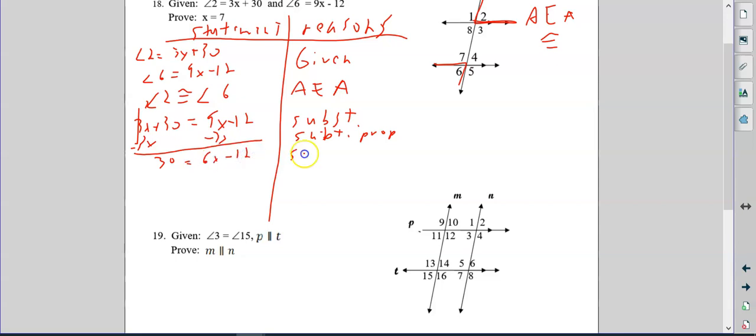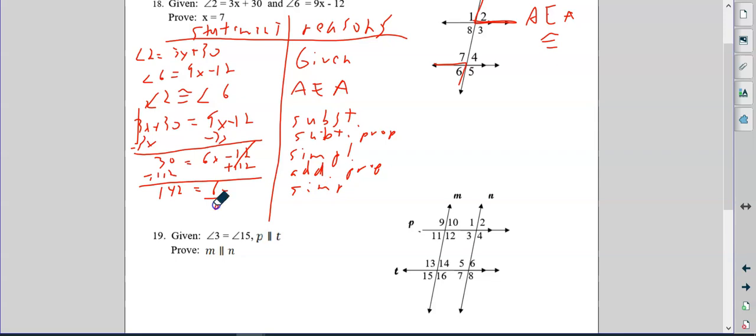And remember, we just call this simplify. Now I'm going to add 12 to both sides. We're just solving algebra here. And that's going to give me 42 equals 6x. We did the addition property. Sorry, I skipped this. And now we just simplified.